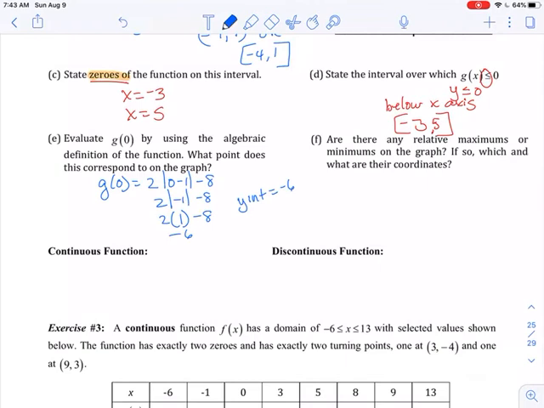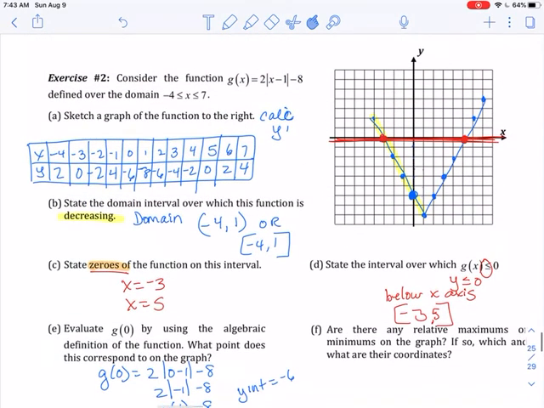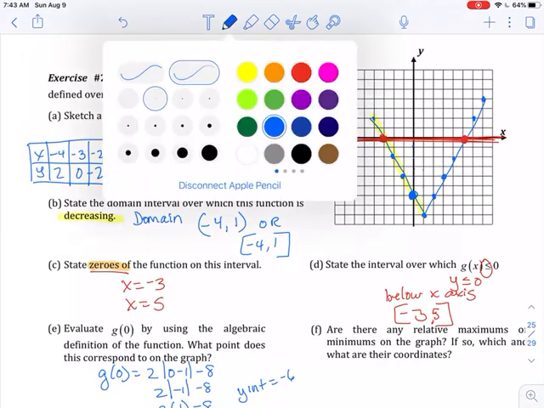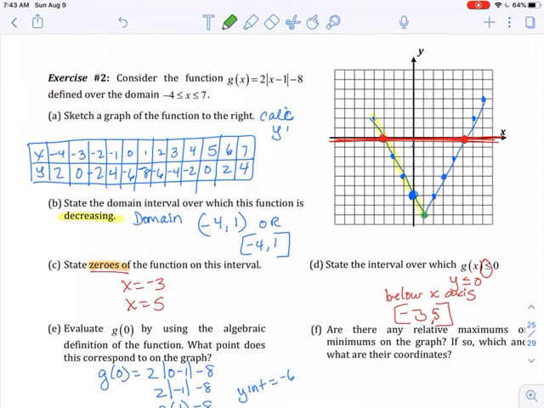Are there any relative max or relative mins on the graph? If so, which and what are their coordinates? Well, let's peek at my graph again. The relative max or relative min is a turning point. Relative max would be a turning point where it goes from increasing to decreasing, which there is none, but there is a relative min, and that would be right here.